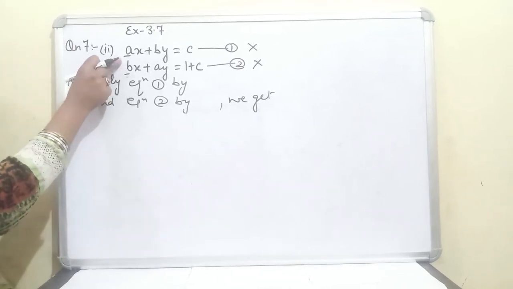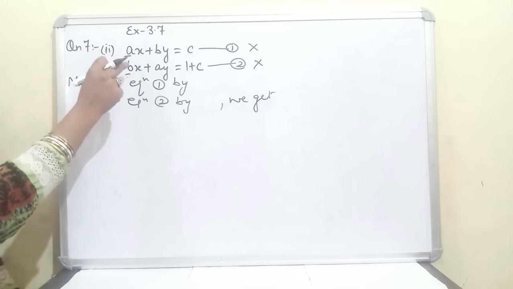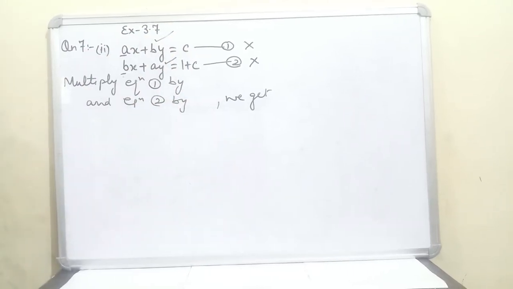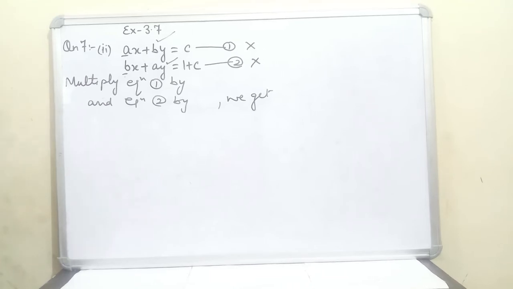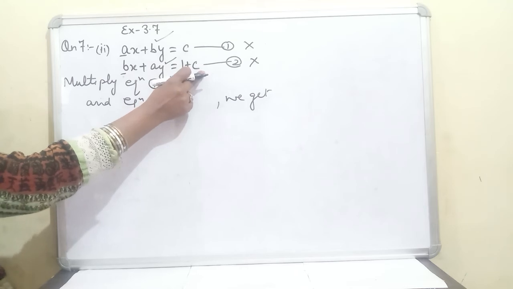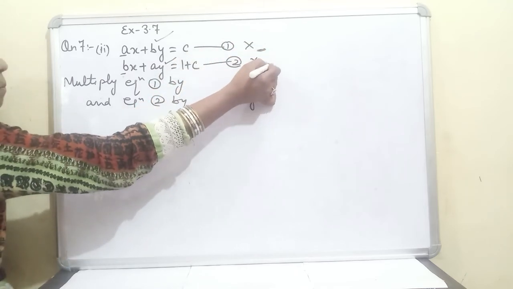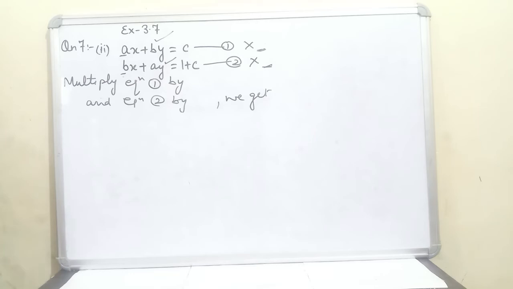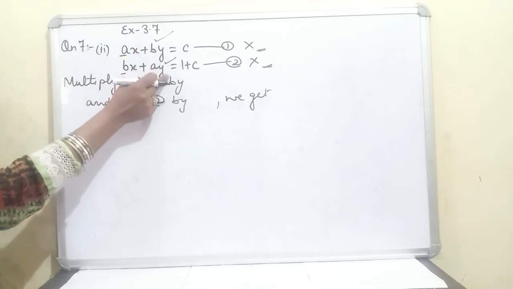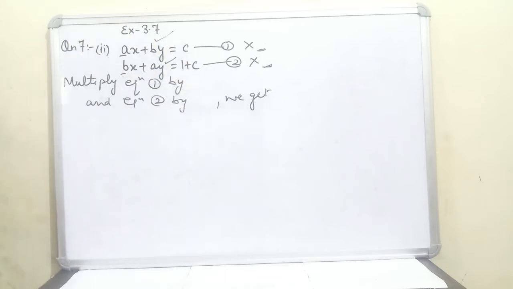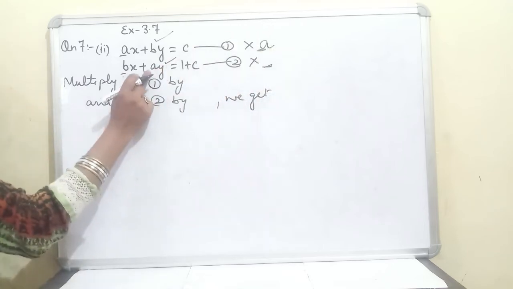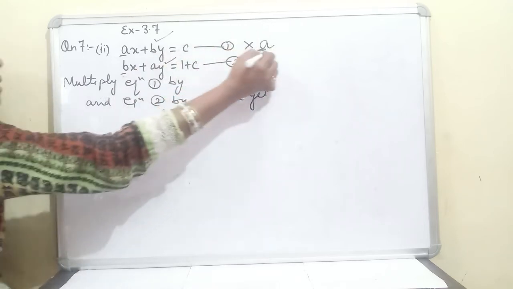Now I'm going to apply this elimination method again, and this time we'll have to make the coefficient of y the same. So what do we have to do here with equations 1 and 2? Tell me a number so that I can multiply it with equations 1 and 2 so that the coefficient of y will come the same. Equation 1 with a and 2 with b.